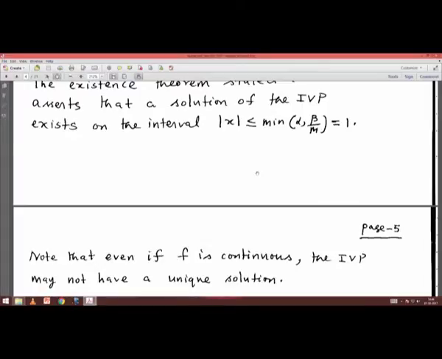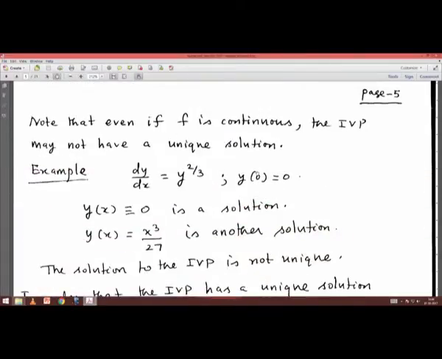So, we note that even if the function f is continuous, the solution to an initial value problem need not be unique, isn't it? We only showed, using the result of the first theorem, that a solution to an initial value problem exists provided f satisfies some conditions, namely f is continuous in a rectangle R centered at the point x naught comma y naught, and in that case a solution exists in an interval enclosing the origin.